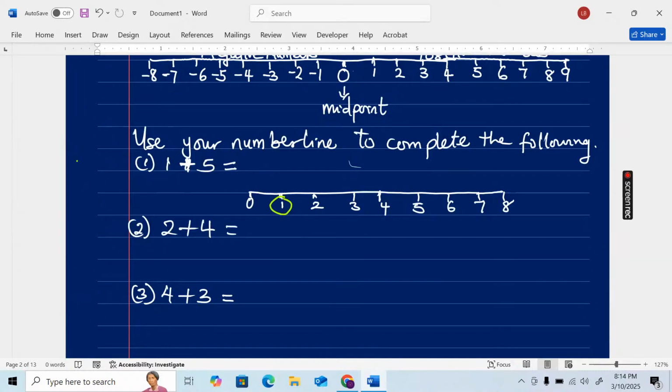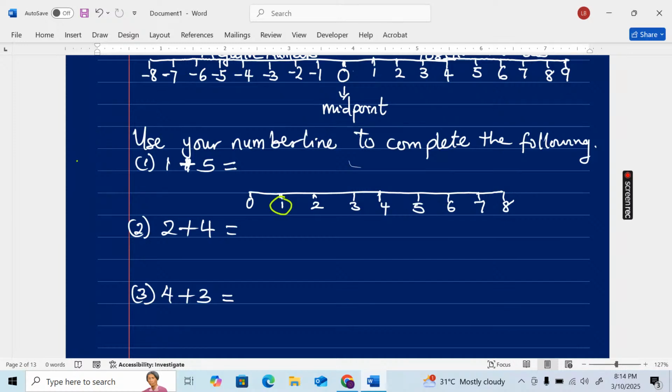Why am I counting to the right? I'm counting to the right because we are adding. So whenever you are adding, count to the right, okay? When adding, count to the right of your number line. When subtracting, count to the left of your number line.